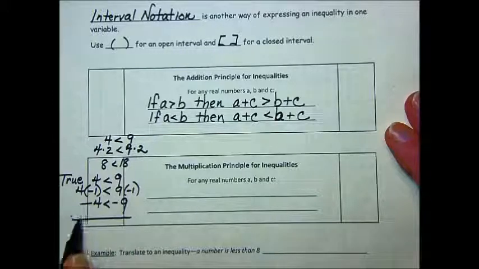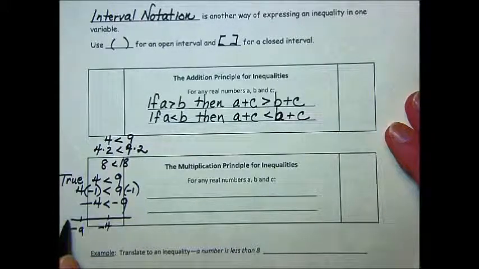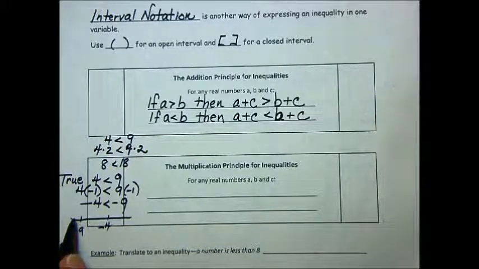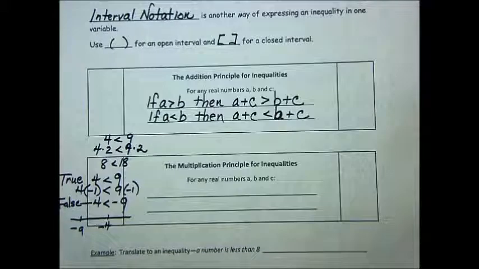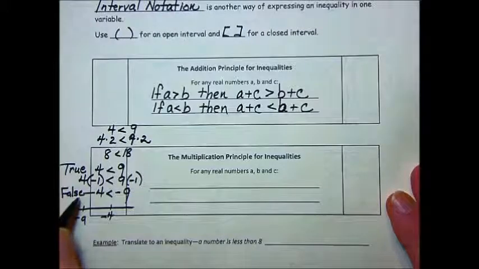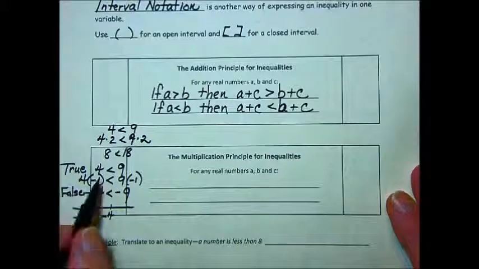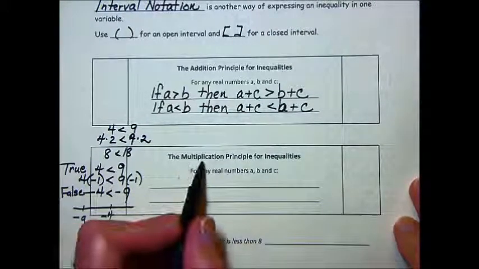On the number line, here's -9, here's -4. Anything to the right is greater than numbers to the left, so we have a false statement. And when that occurs, we need to reverse the direction of the inequality to keep our inequality statement true. So that garners a rule when we're doing our multiplication.